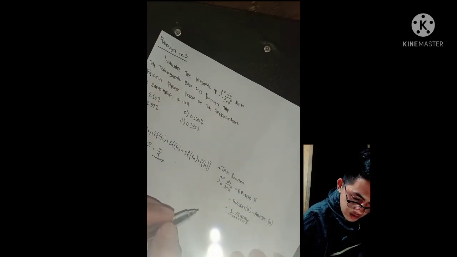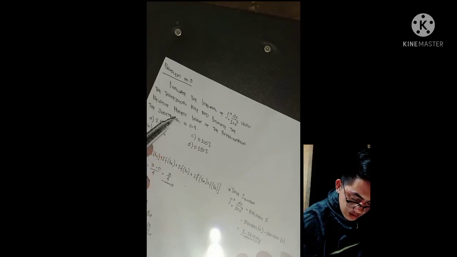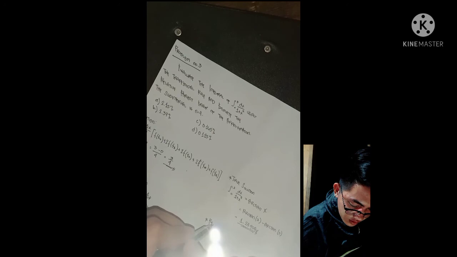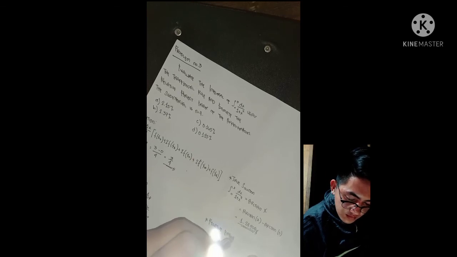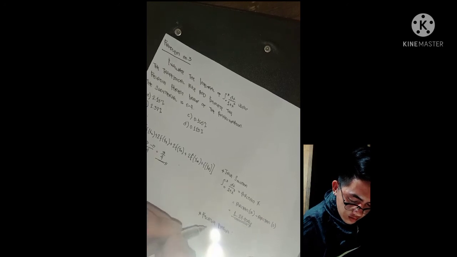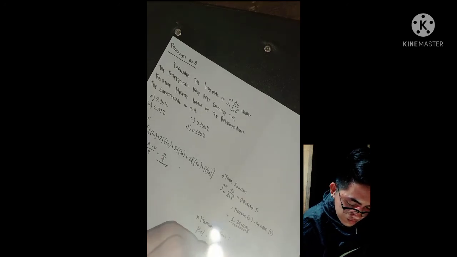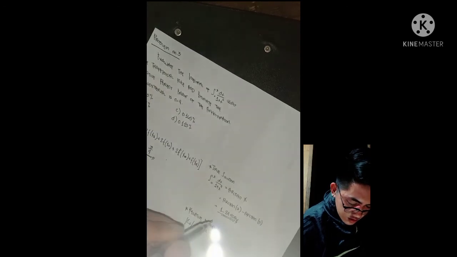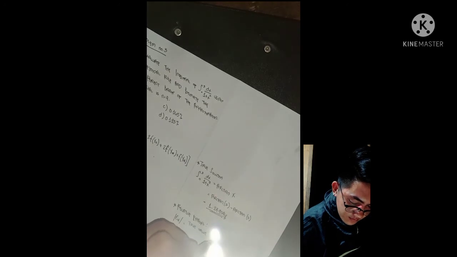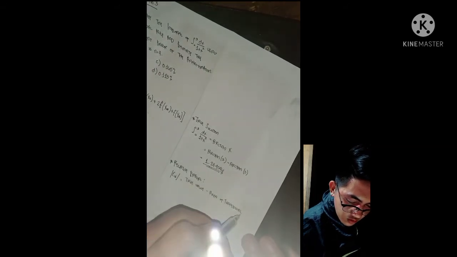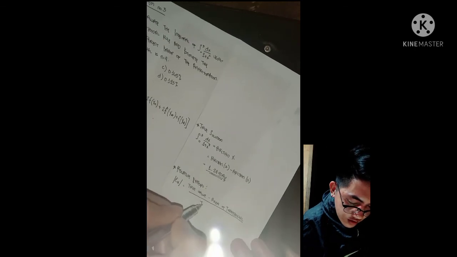Next, since in this problem we need to find the relative percent error, the formula of our relative error is equal to the true value minus the area of our trapezoidal, all over the true value.